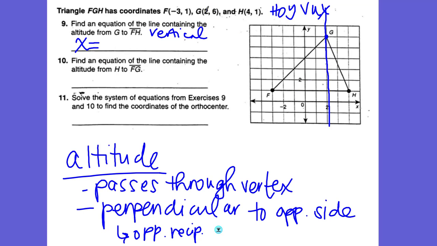G is at 2, 6, so it's x equals 2. So that's the first altitude, this vertical line, x equals 2.